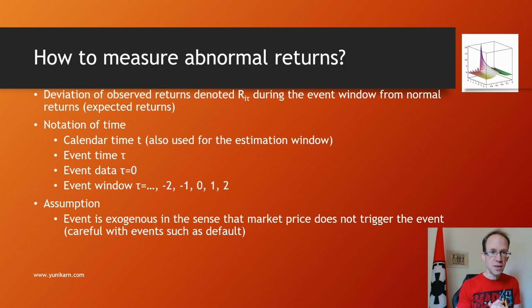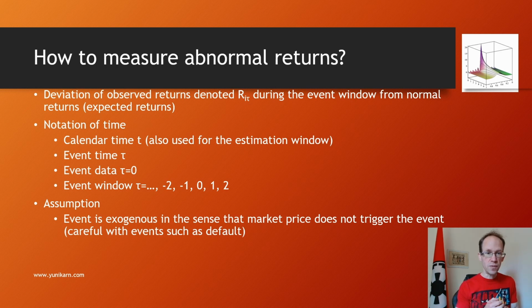Let's introduce some notation to describe different concepts of time. We use the calendar time t, which is often also used for the estimation window. In a previous video, we discussed the concept of event and estimation windows.